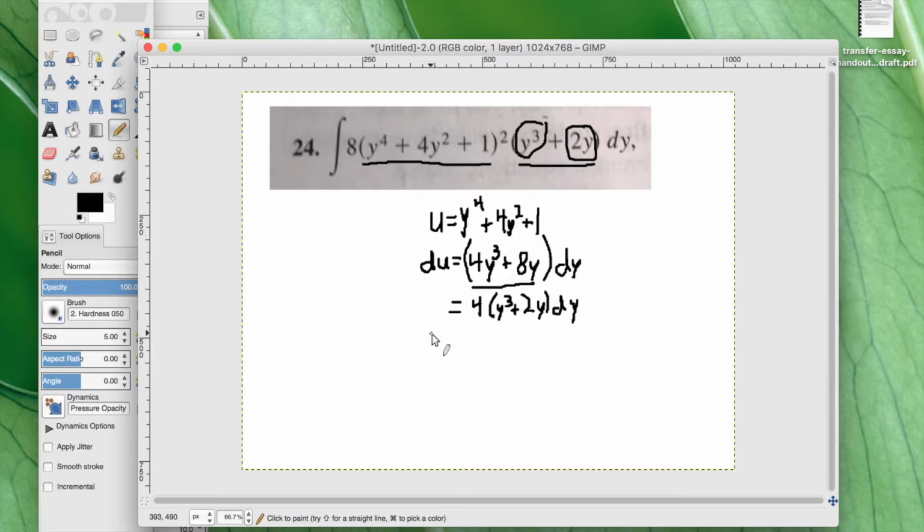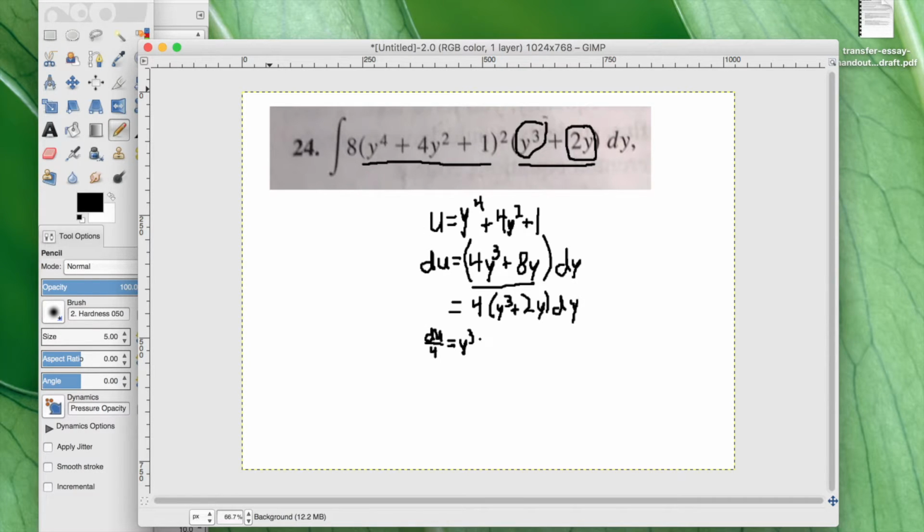All you've got to show is that du over 4 equals y cubed plus 2y dy.